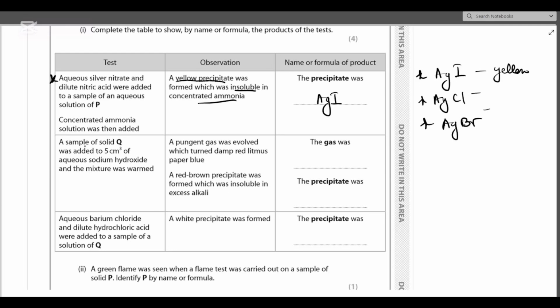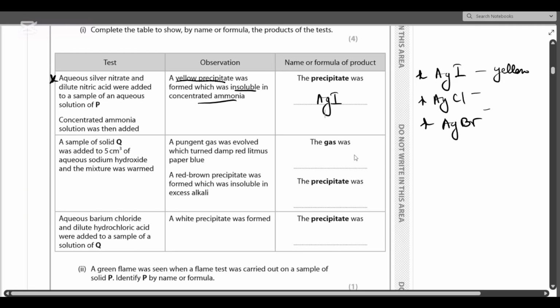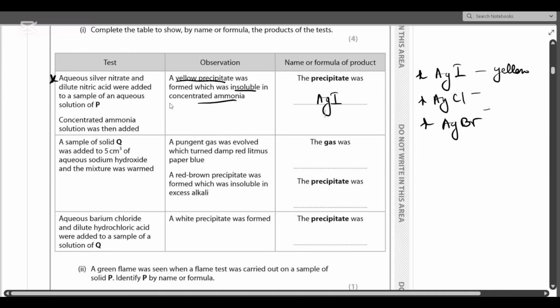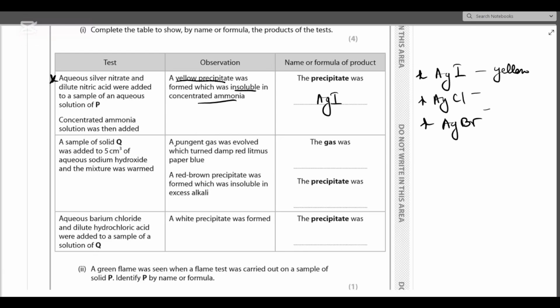Moving on, a sample of solid Q was added to a 5 centimeter cube of aqueous sodium hydroxide. Now, when it was added, a pungent gas was evolved which turned damp red litmus paper blue. And then a red-brown precipitate was formed which was insoluble in excess alkali.